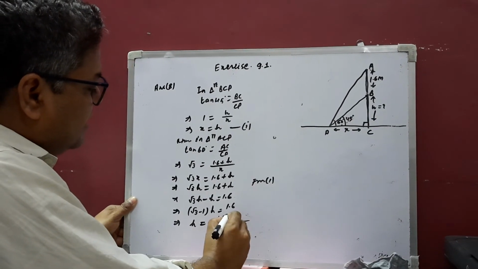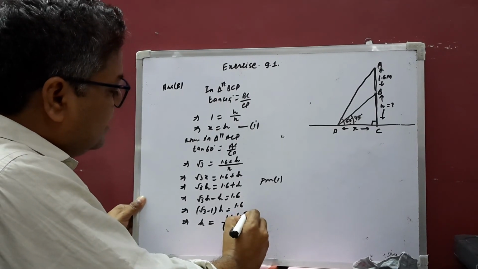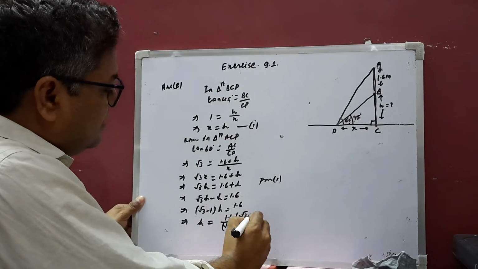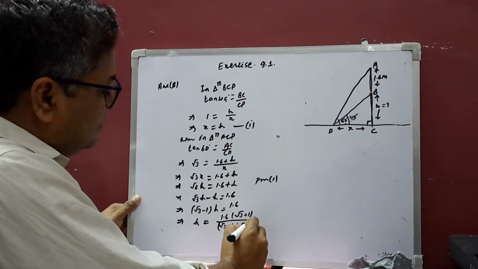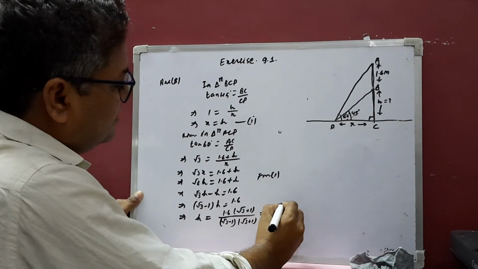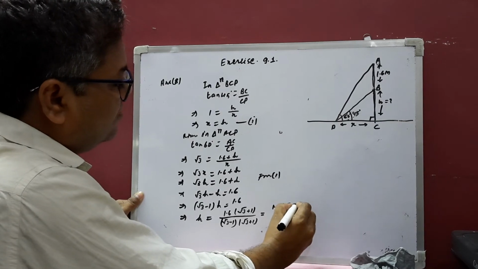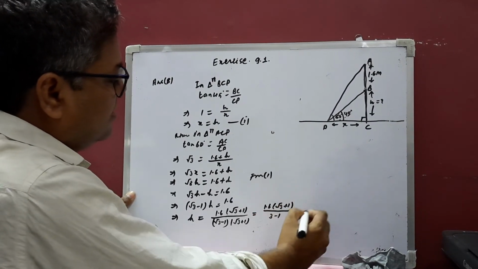Now rationalize the denominator, which you have done in class 9th, and I hope you know it. This is 1.6 times root 3 plus 1, over 3 minus 1.